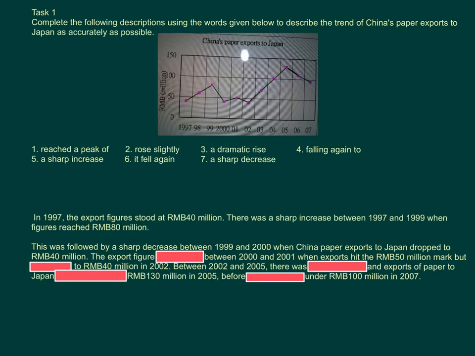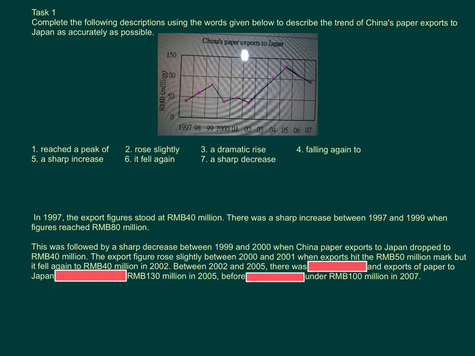40 million. The export figure rose slightly between 2000 and 2001 when exports hit the renminbi 50 million mark, but it fell again to renminbi 40 million in 2002.